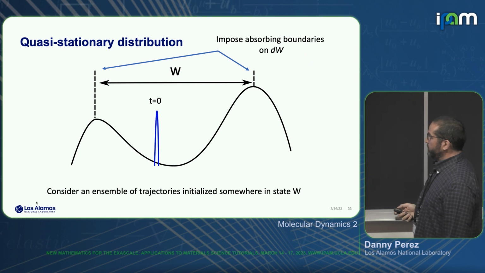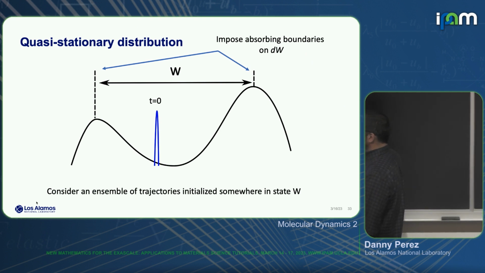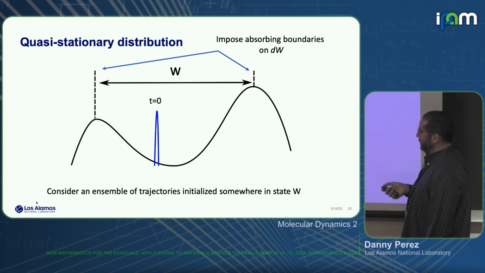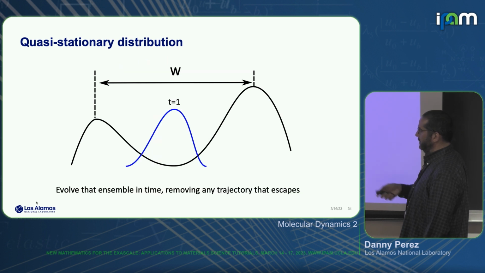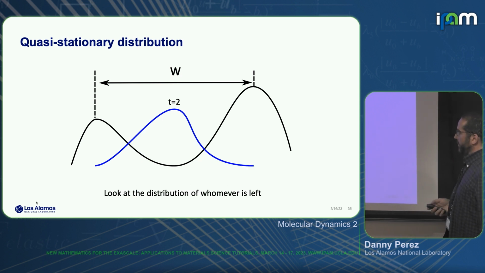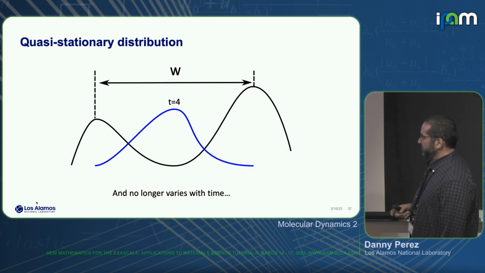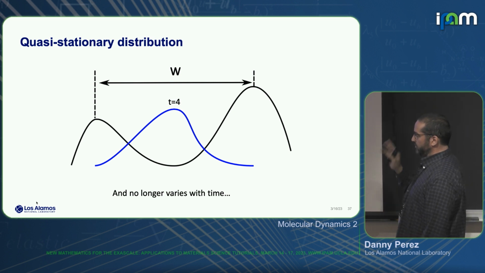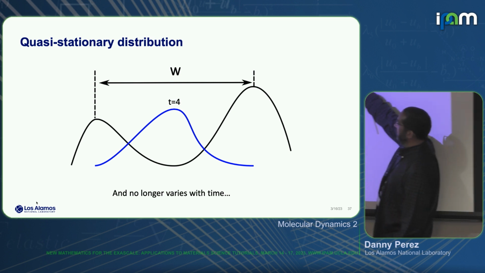Okay? So what you should mentally picture is that I have a swarm of simulations starting somewhere in my state, and I put absorbing boundary conditions at the boundaries of my state. As I start running this, the distribution function of these walkers will evolve. And at some point, it will converge to some stationary distribution, which is quasi-stationary in this case, because I have absorbing boundaries.